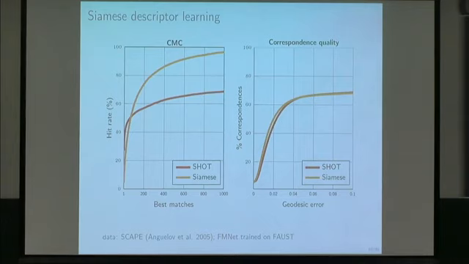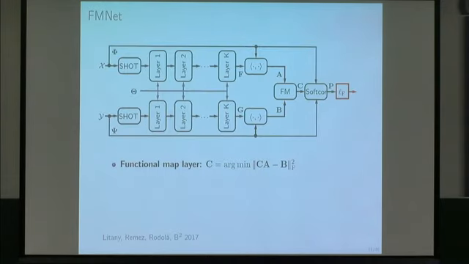And if I indeed try to evaluate the quality of these descriptors by seeing how many correspondences are mapped correctly within a certain error tolerance on the manifold, let's say in the sense of geodesic error, the improvement is not very great, again because I'm not taking into account any geometry of the problem. So what I would like to propose is a slightly more complicated scheme. I know that I'm going to use the functional correspondence pipeline.